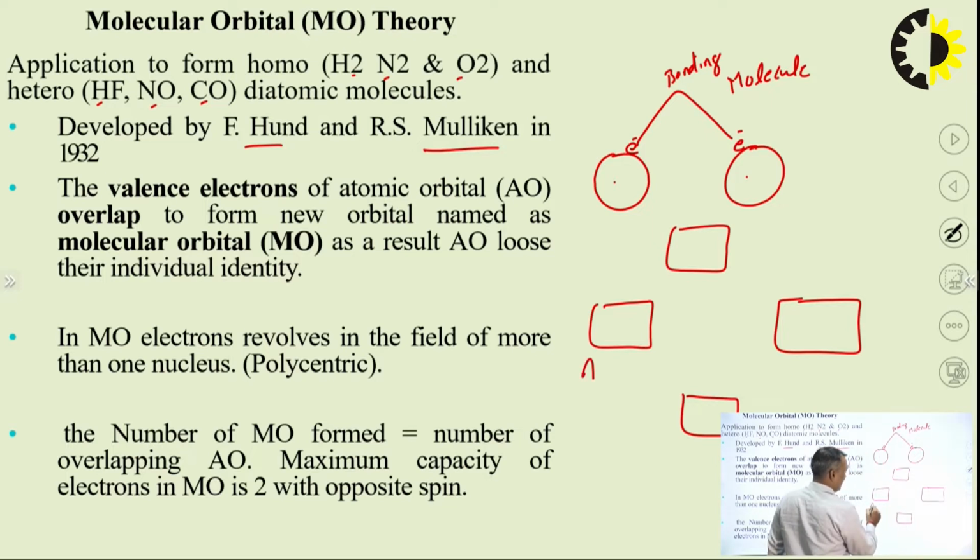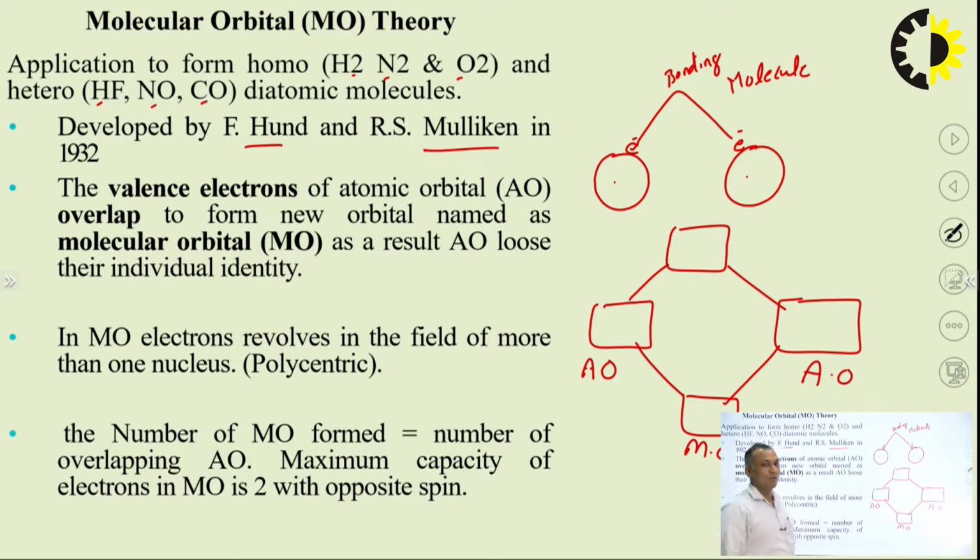So these are the atomic orbitals, and when these atomic orbitals overlap and combine, they form a new energy level named molecular orbital. If I take an example of this atom, here the electron is strongly attracted by one nucleus. But when the overlapping occurs, the electron can be attracted by more than one nucleus and it becomes polycentric.